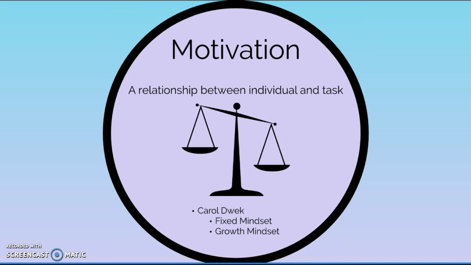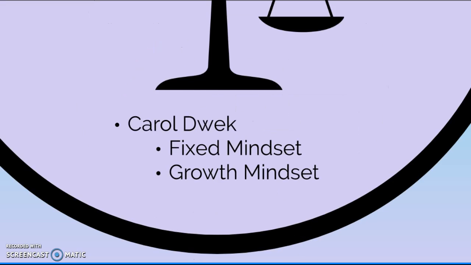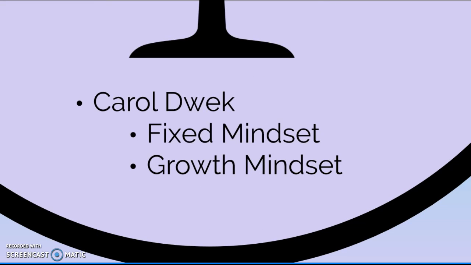Motivation is also discussed by cognitive science theorists, specifically Carol Dweck, who believe that there are 2 types of motivational mindsets. The first type of motivational mindset is a fixed mindset. If a student has a fixed mindset, they believe that they have certain abilities, intelligence, and talents, and their goal is to look smart all the time and to avoid looking uneducated.